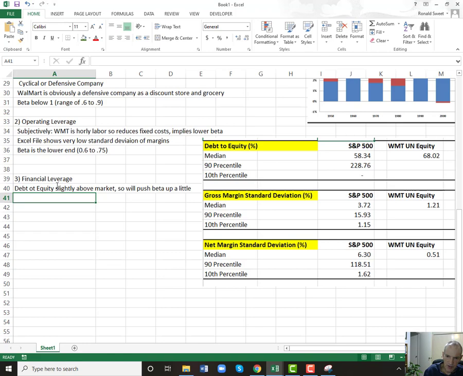So maybe our range here of maybe 0.65 to 0.8, who knows. We're definitely away from the 0.9. A little bit higher debt, maybe the 0.6, I think 0.6 is too low for Walmart anyway, but we could get down to 0.65 just because they've kind of proven themselves.